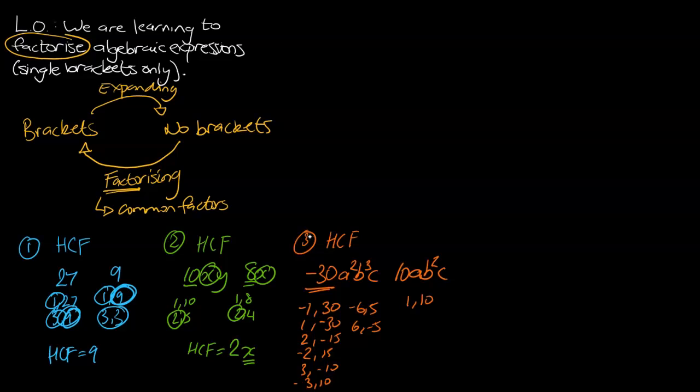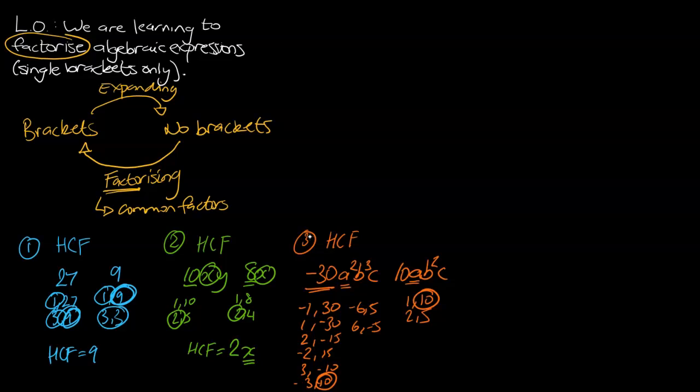This time around it's positive, so there won't be as many. So we've got 1 and 10, 2 and 5, and of both of these lists, we can see that 5 is the highest common number. Oh, apologies, I've completely missed 10. 10 down there is the highest common number. We then have a look at the letters. We've got two A's here and one A here.